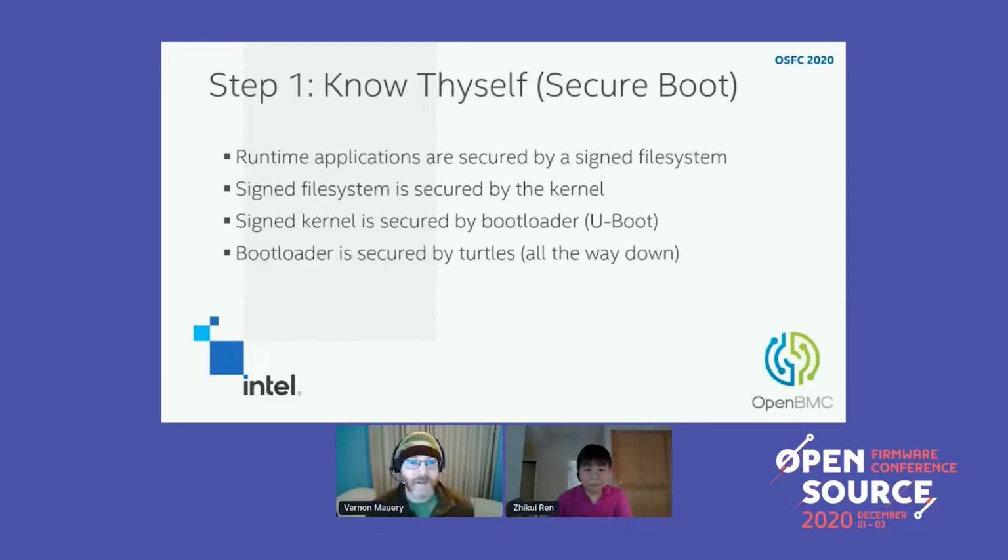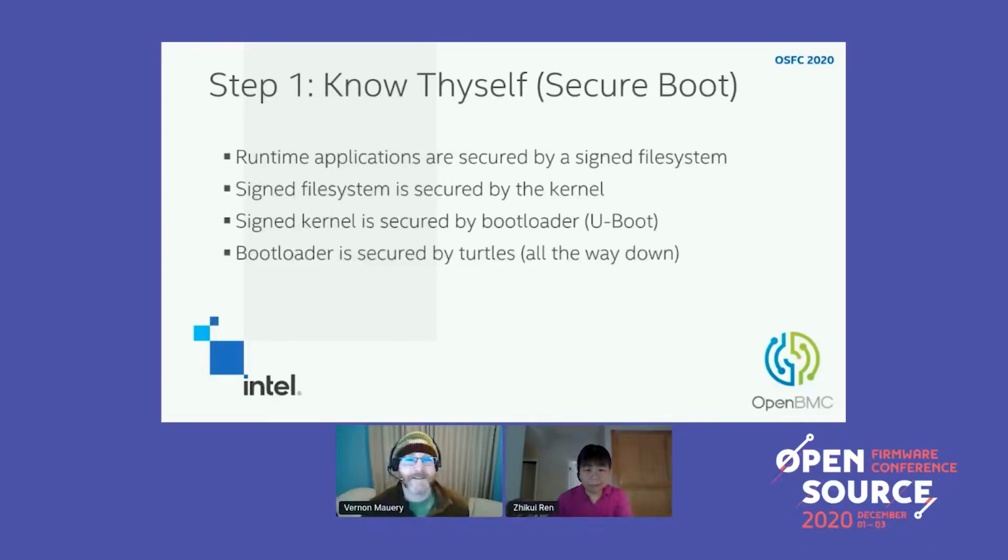Applications running on a Linux kernel could be in a signed file system or authenticated at load time by the kernel, but still they're only trusted as far as the kernel is concerned. So the kernel, when it's loaded, could also be signed and authenticated by the bootloader, but then the bootloader needs to be signed and authenticated.